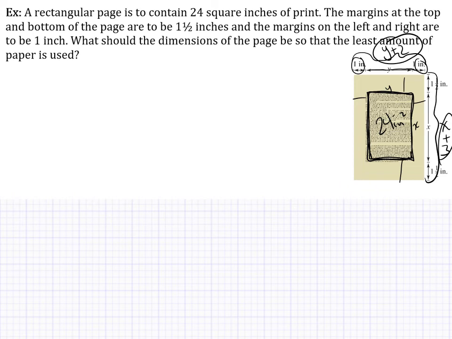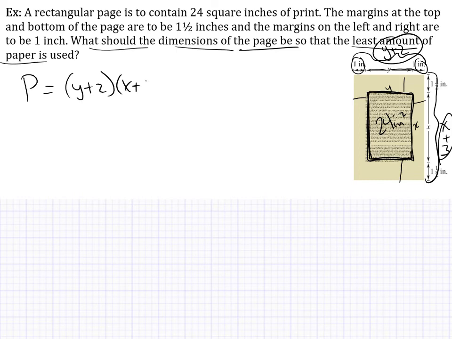We want to know what dimensions the page should be to use the least amount of paper. So ultimately what we're trying to do is minimize the dimensions of the page to minimize the paper. So the dimensions of the page would be y plus 2 by x plus 3.